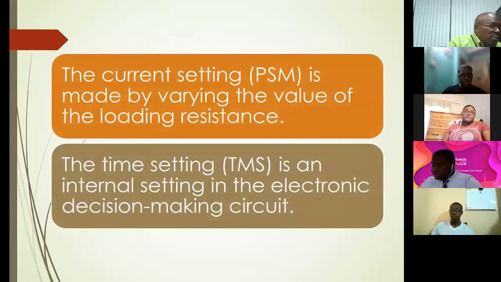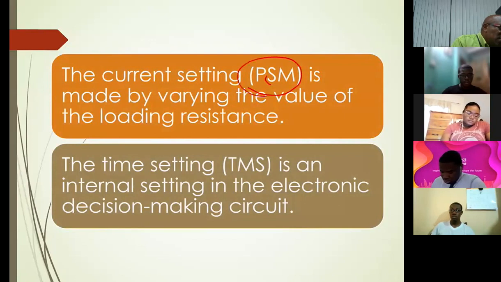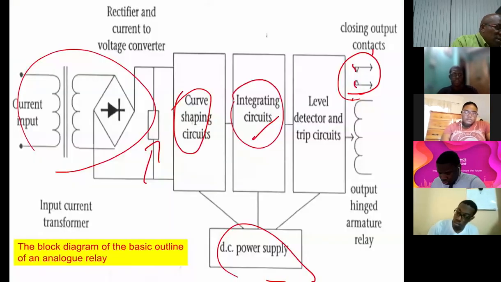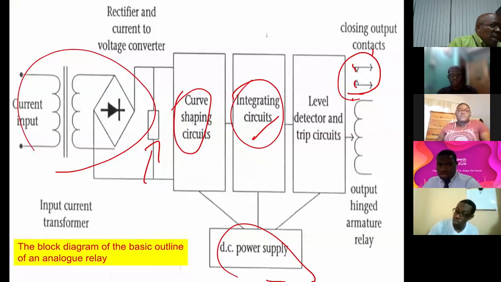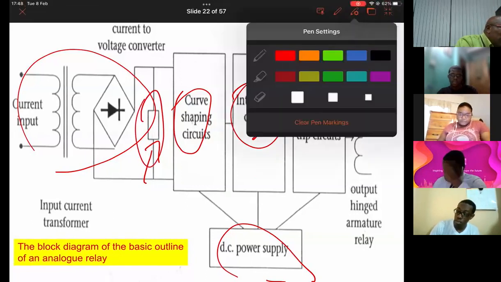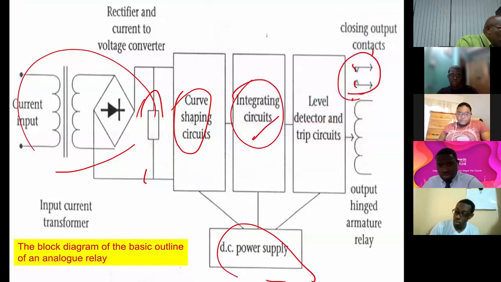So remember, we spoke about the two settings, your plug setting and your time setting. Your time setting would have been provided there. And the plug setting, this is the loading resistor that we're talking about.